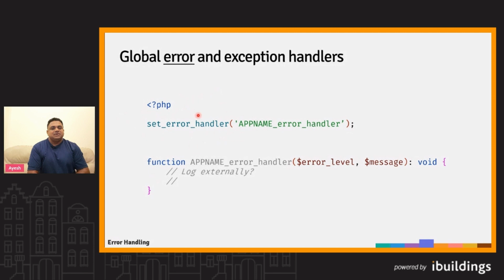Every time there's an error, a warning, deprecation notice, whatever, call this function. And within this function, we can decide what to do with this error. Do we want to log them to a separate file if you are not using the standard PHP logs, or send them to an external server, for example?